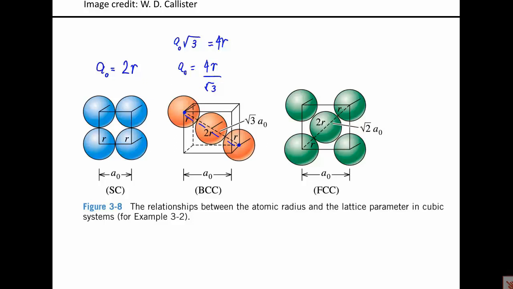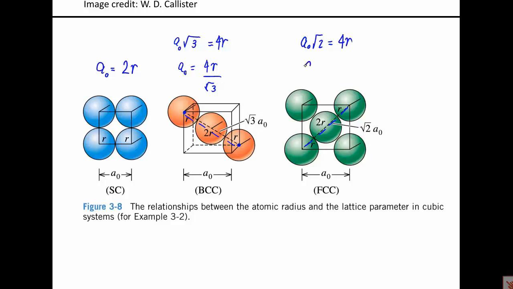In the face-centered cubic, we can look at one of the faces and we can see that the diagonal across the face, which has a length of A0 root 2, must be equal to 1, 2, 3, 4 atomic radii.